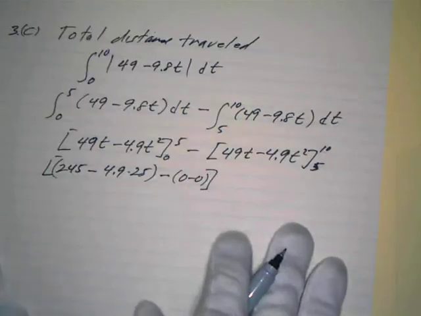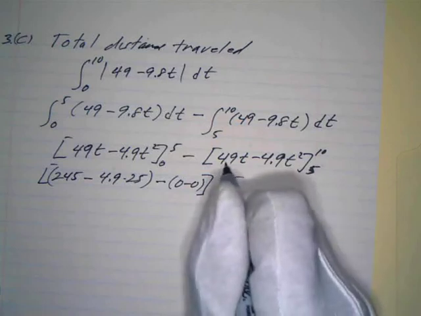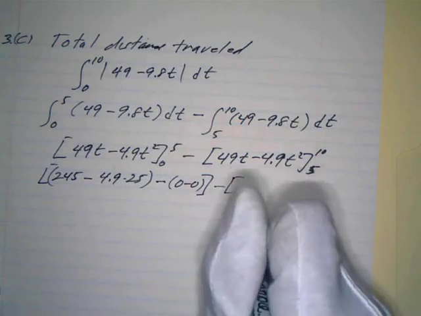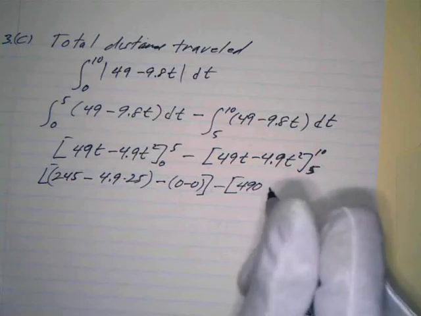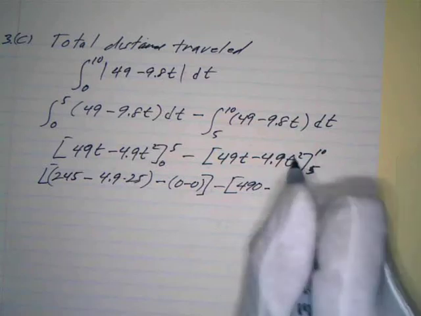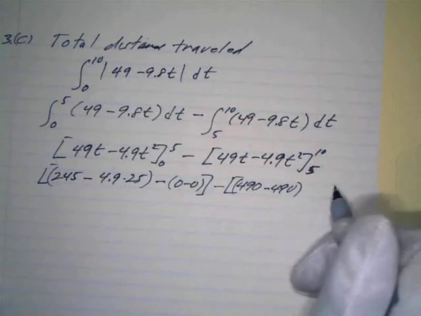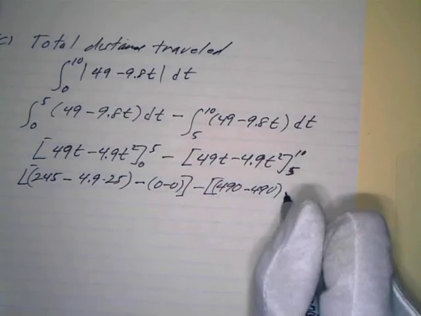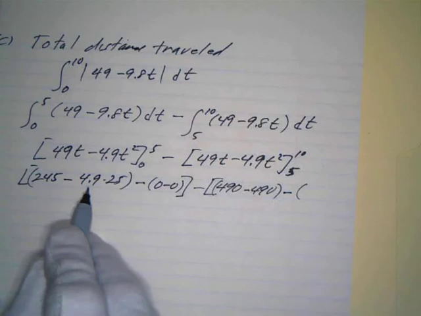And then over here in this next section, minus, and if I put 10 in here, I'm going to get 490, like we had in part B, minus 4.9 times 10 squared, which is 100, so 490. That'd be 0. And then minus, and if I put the 5 in here, I'm going to get the same thing I got over here.